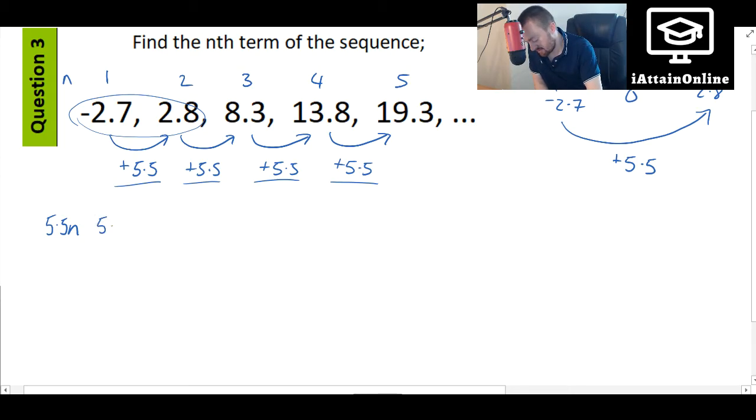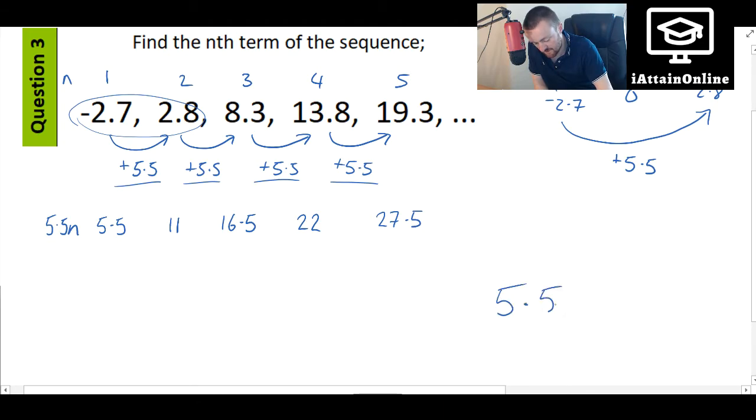So that simply becomes 5.5 followed by 11 followed by 16.5 and then 16.5 add 5.5 is going to be 22, and then you're going to have 27.5. Okay, so then we've done the first step and we know our sequence is going to start with 5.5n.